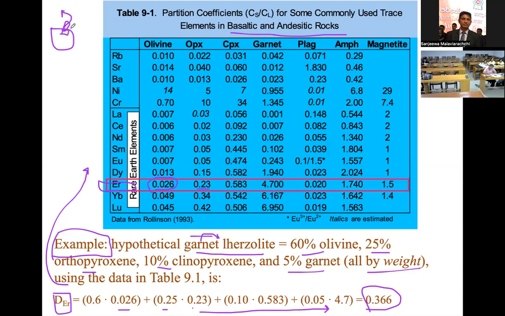That means it is in equilibrium with these minerals which are available in the rock. That's the idea behind that. If it is producing a granitic melt, then you have to definitely refer to another table which has the relevant partition coefficients.